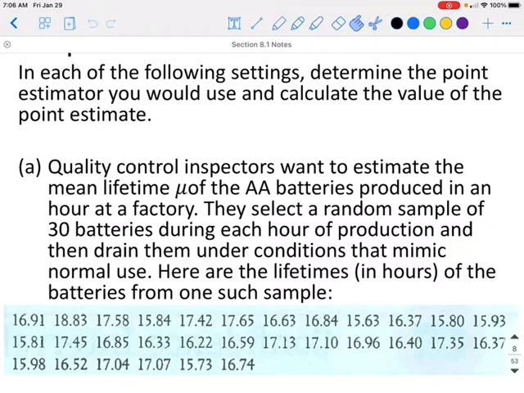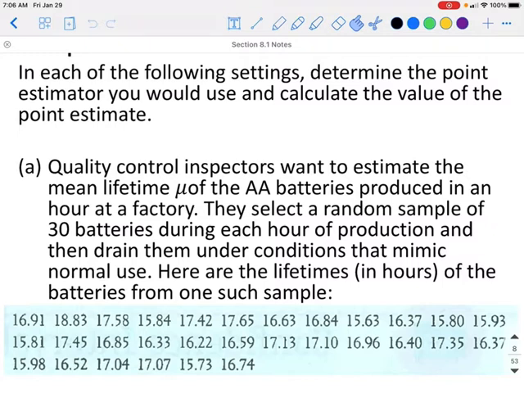Quality control inspectors want to estimate the mean lifetime mu of the AA batteries produced in an hour at a factory. They select a random sample of 30 batteries during each hour of production and then drain them under conditions that mimic normal use. Here are the lifetimes in hours of the batteries for the sample.